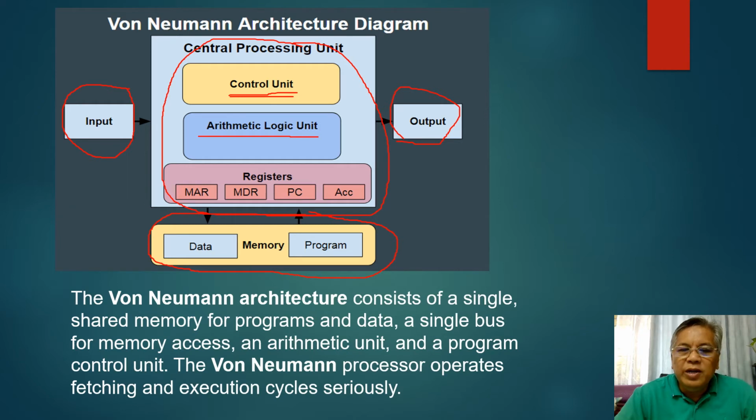It is where the data are stored before being transmitted into your memory. Then you have your PC, which we call the program counter. The program counter is the one that provides addresses into your memory address register.